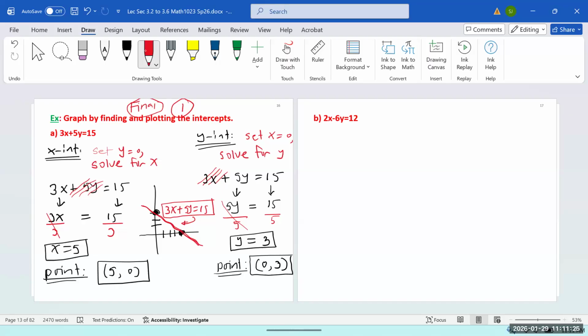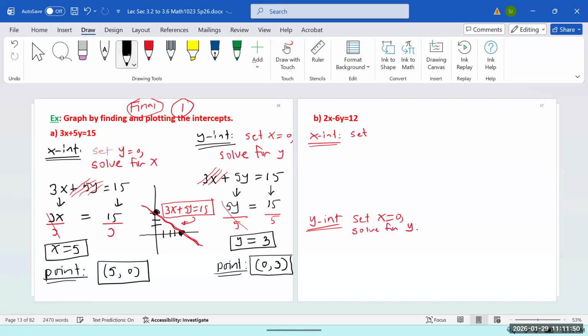Go ahead. Okay, so we're going to solve for y first. So x will be 0. Whatever you prefer. So for the y-intercept, we set x to 0 and we solve for y. So what did you do?